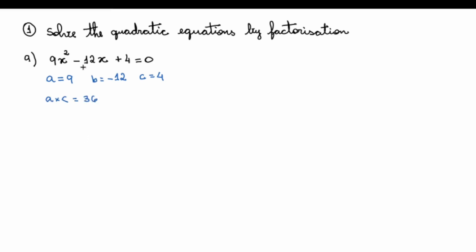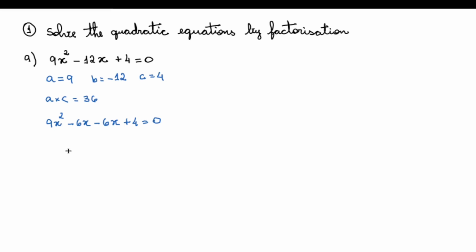Then we have to split the middle term, minus 12x, into two terms such that the product of their coefficients equals 36. The numbers are minus 6x and minus 6x, because the product of the coefficients minus 6 and minus 6 is equal to 36.